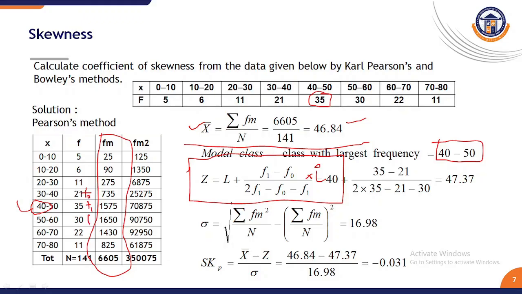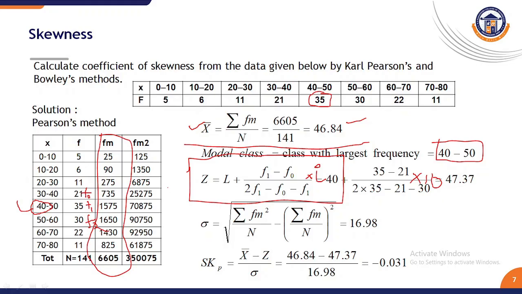And the class interval is 10, the difference between highest and lowest value. So using all these values in the mode formula, the mode value is 47.37.